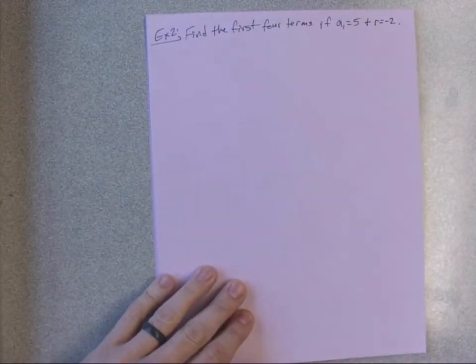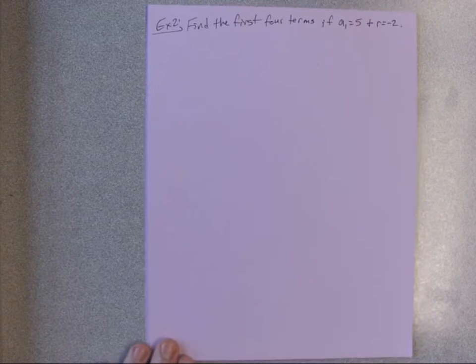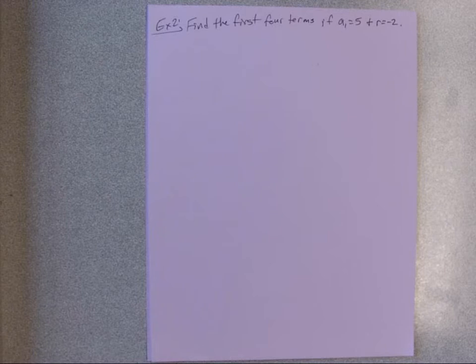I didn't outright give you the sequence that we wanted to use. Here you're going to have to create the sequence. And there are some hints in this example. I encourage you to pause the video and try to work it yourself and use me as a guide if you need to.